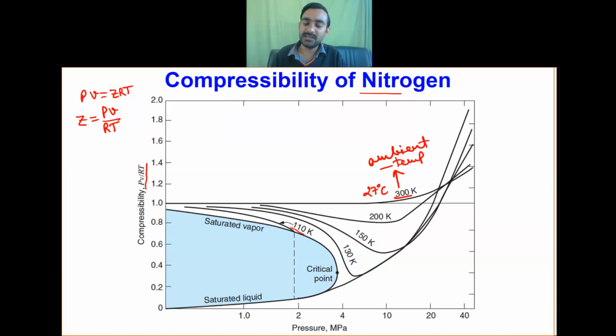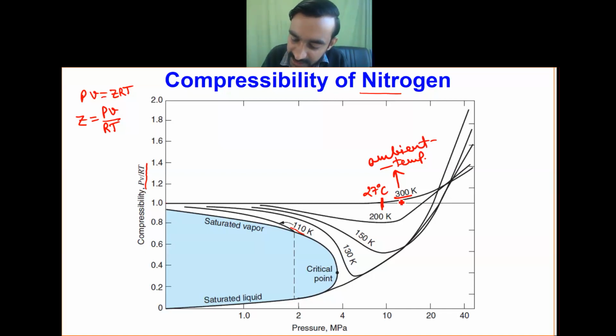So when the temperature is close to the ambient temperature of 300 Kelvin, at least up to a pressure of 10 megapascals, nitrogen is behaving as an ideal gas. Even up to a very high pressure of 10 megapascal, nitrogen gas behaves as an ideal gas, because the value of compressibility factor Z equals 1.